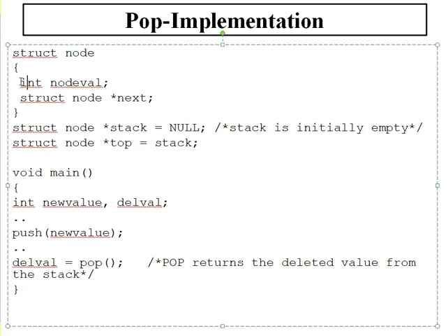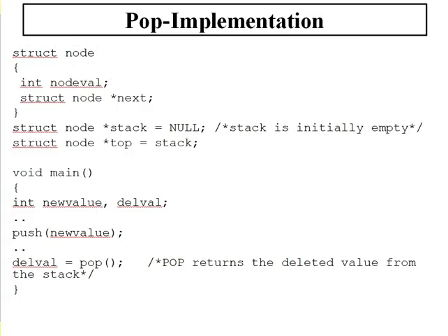So depending on the requirements of our problem domain, or the scenario that we are implementing, we may add more data variables in the data part, depending on the problem that we are about to solve using the stack.